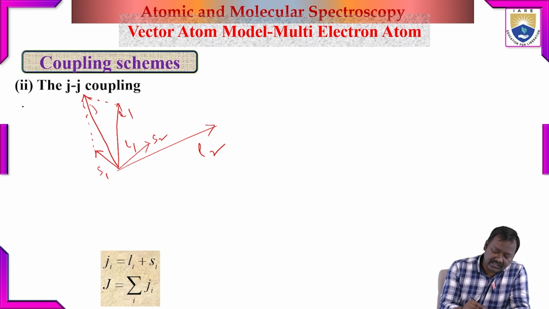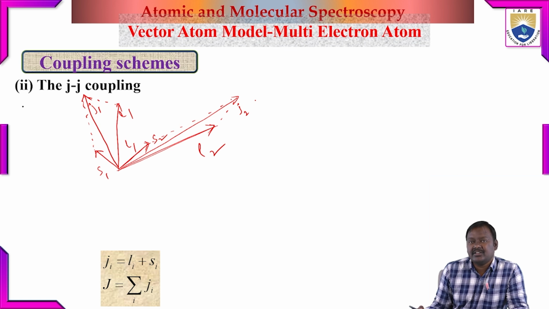For the second electron, spin angular momentum and orbital angular momentum are added as vectors, so its total angular momentum can be calculated as J2.